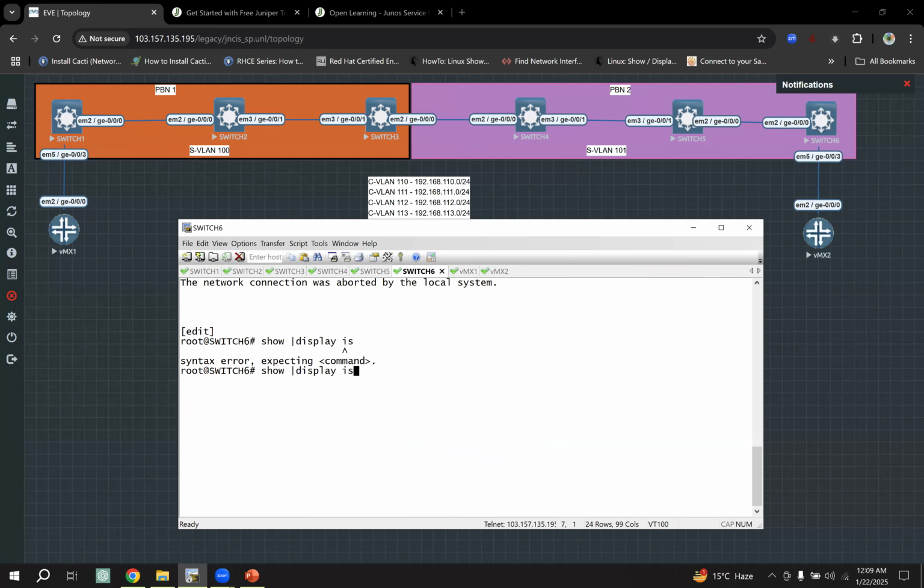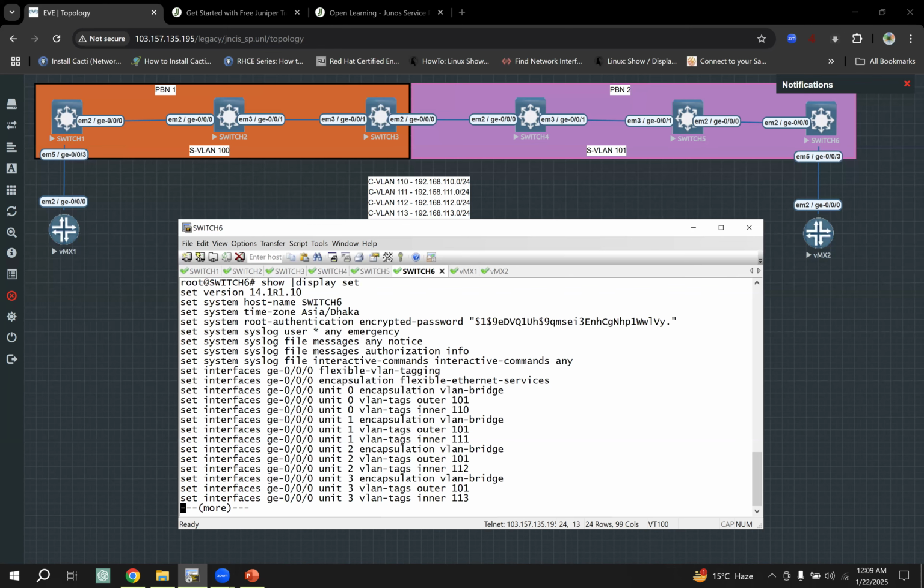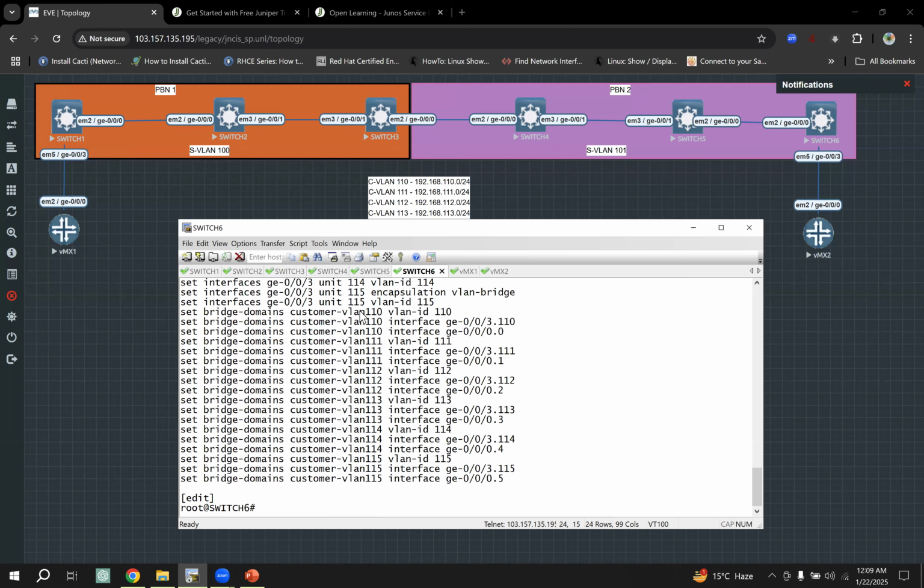So let's place it. Same as before: first, creating VLANs 100, 11, 12, 13, 14, 15. VLAN ID creation done.